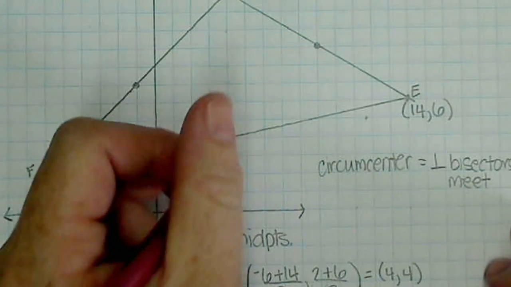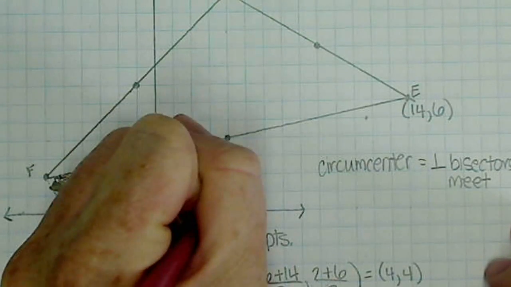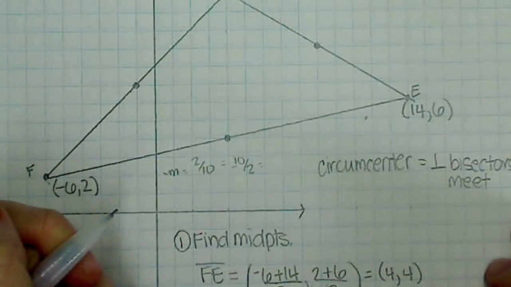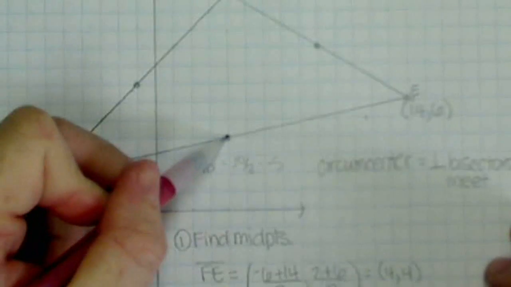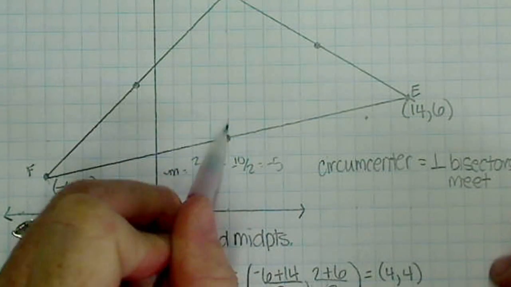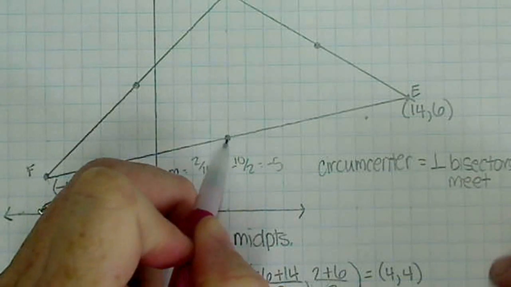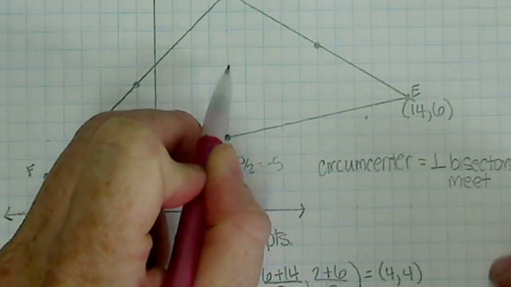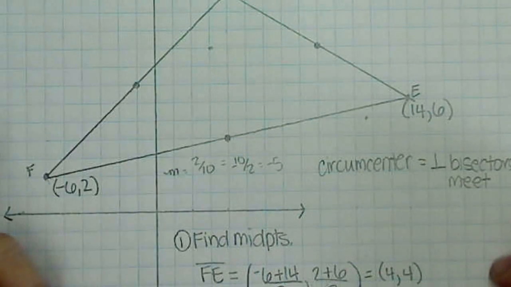Yeah, it would be negative 10 over 2, which is the same as negative 5. So from here, I'm going to rise positive 5, and I'm going to go negative 1. So 1, 2, 3, 4, 5, negative 1, this point right here.